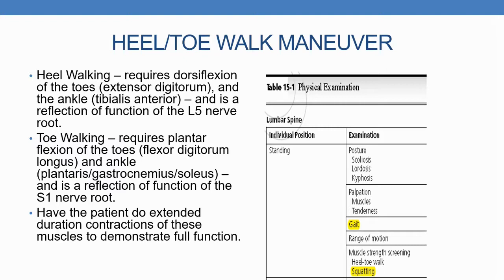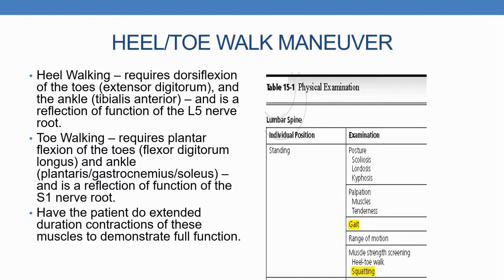Toe walking requires plantar flexion of both the toes and the ankle. The toes are flexed by the flexor digitorum longus, and the ankle is flexed by the combined effect of the plantaris, the gastrocnemius, and the soleus, the so-called triceps surae. Toe walking is a reflection of function of the S1 nerve root. Okay, heel walking is L5, toe walking is S1.